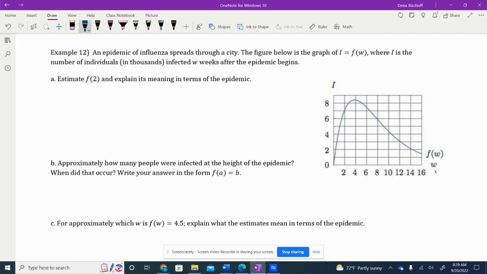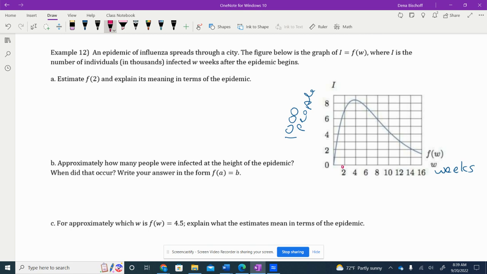So this is your number of weeks, and this is the number of people in the thousands. Estimate F of 2 and explain its meaning.